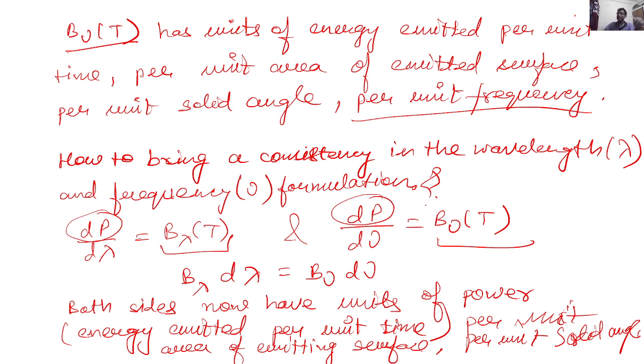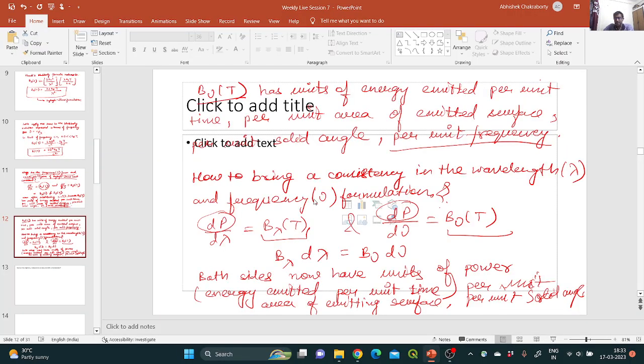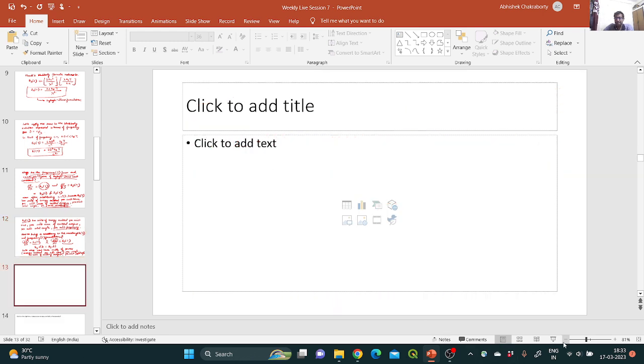We have brought about a similarity of the units. So now they would be consistent. Let's bring about the consistency and look at it a bit deeper. We'll take just one more slide to finish this formulation.